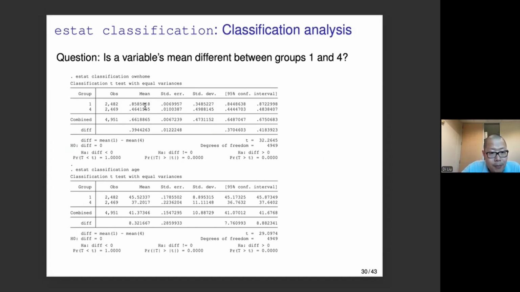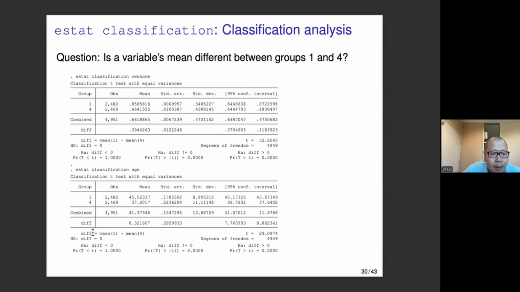As you see here, in the first group, 85% of the people own a home. In contrast, in group 4, only 46% of people own a home. We can test whether the difference is zero, testing in different directions. When the difference is greater than 0 and when the difference does not equal 0, the p-values are very small, so we can reject the nulls. So basically that means this difference is significant.